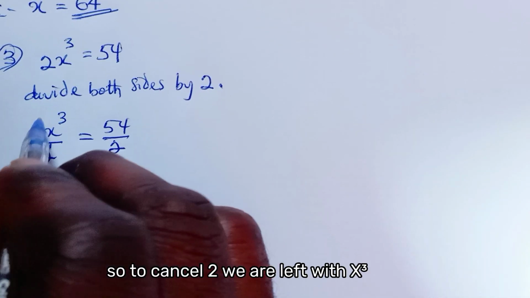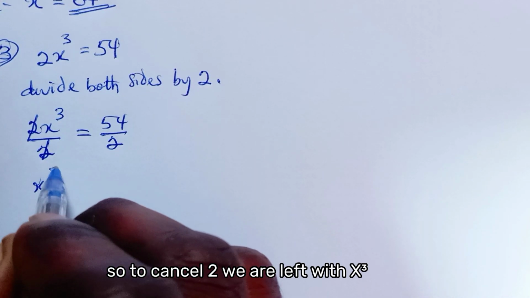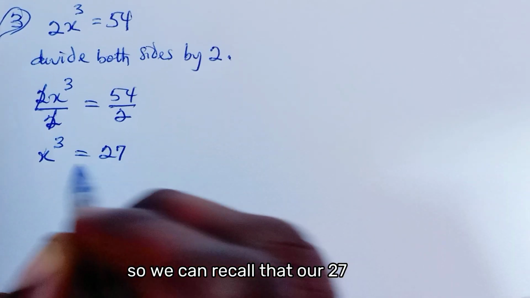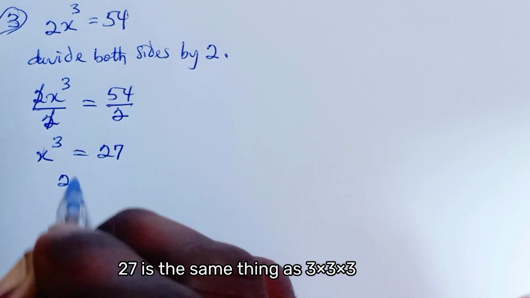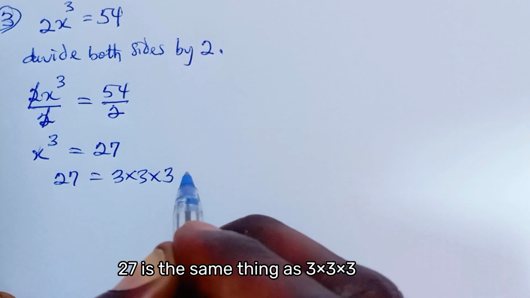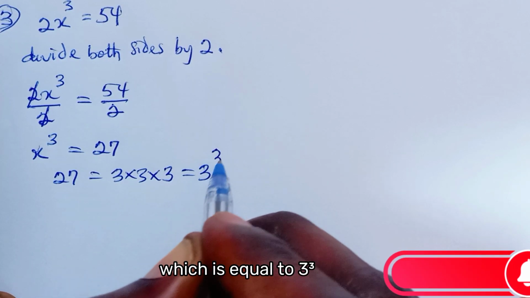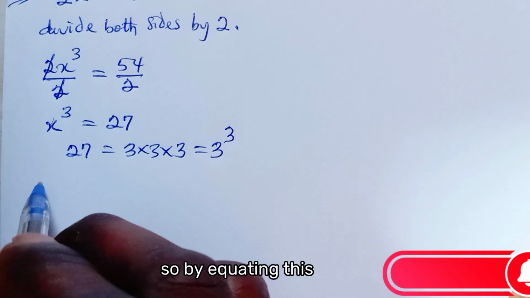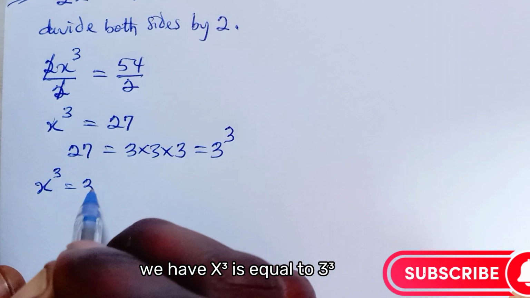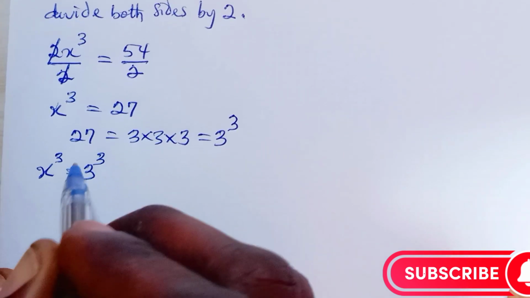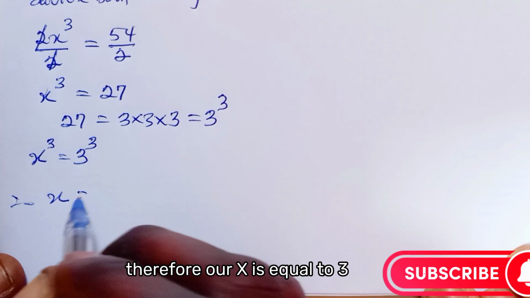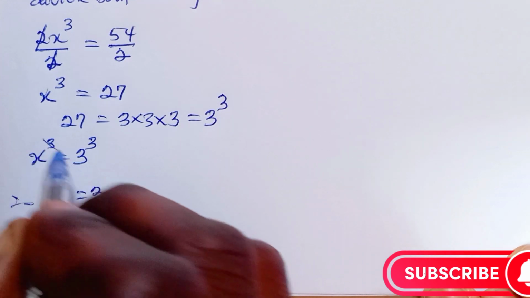So 2 cancels 2, we are left with x raised to power 3, which is equal to 27. So we can recall that 27 is the same thing as 3 times 3 times 3, which is equal to 3 raised to power 3. So by equating this, we have x raised to power 3 is equal to 3 raised to power 3. So we have the same power, therefore our x is equal to 3.